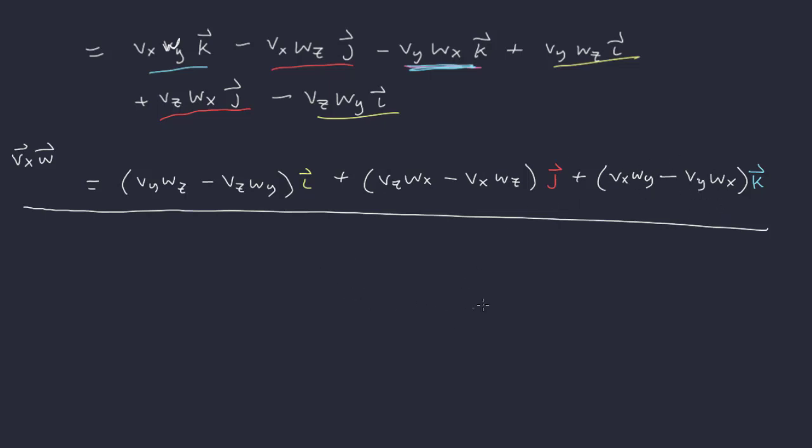Okay, but we can kind of see a bit of a pattern going on. But it's sort of like, well, what pattern is this coming from? And it turns out that we can use a trick from linear algebra to help us out, so we don't have to memorize this. And that trick is the determinant.